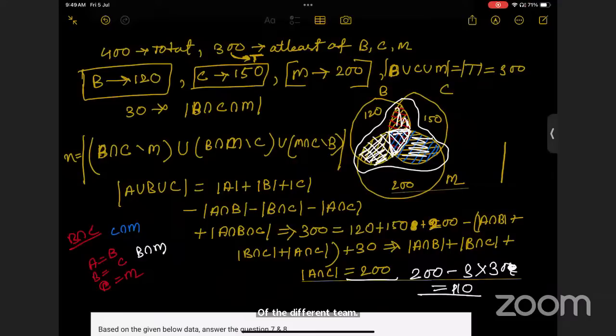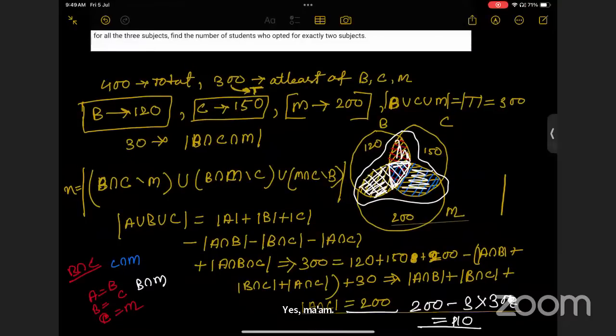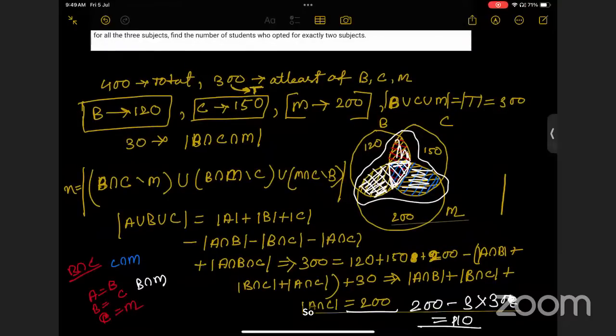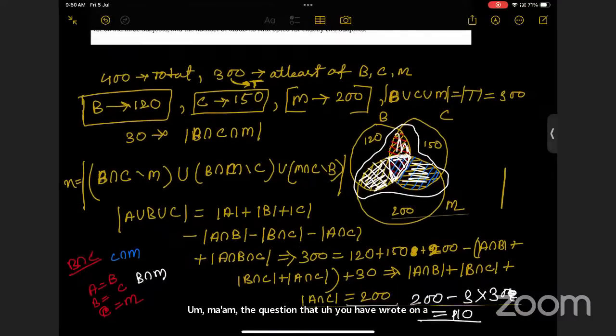Ma'am, please explain the question which is displayed on the screen. So what is your doubt? In which part do you have doubt? Ma'am, the question that you wrote on the screen, under root x square minus 9 upon x plus 3, cardinality.